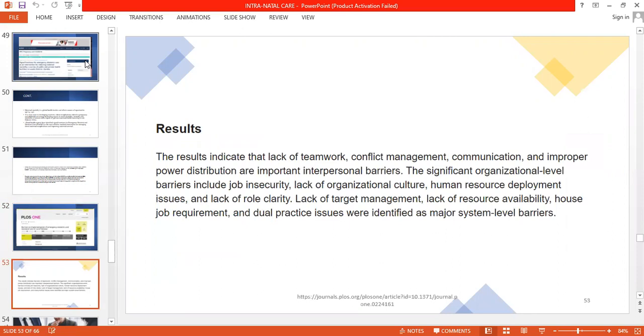The significant organizational level barriers include job insecurity, lack of organizational culture, human resource development issues, and lack of role clarity. Lack of target management, lack of resource availability, house job requirement, and dual practice issues were identified as major system level barriers in this study.